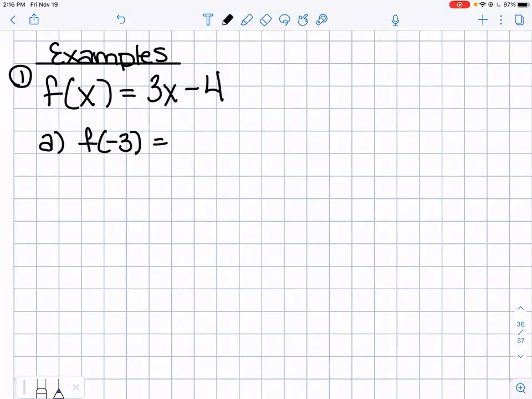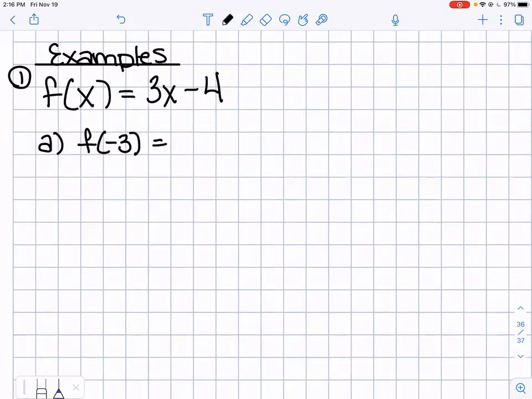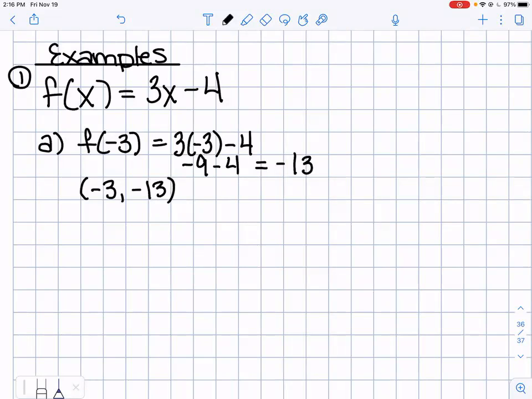We're going to solve when x is negative 3. All you got to do is plug in negative 3 for x. 3 times negative 3 minus 4. It's just plugging in a number. That's it. 3 times negative 3 is negative 9. Minus 4 is negative 13. If I wanted to figure out what point this is, what number did we put in? What number did we get out? There we go. That's it, guys. That's the whole lesson. That's all you got to be able to do.